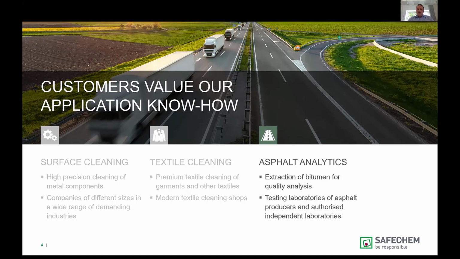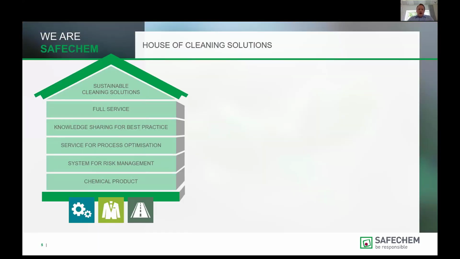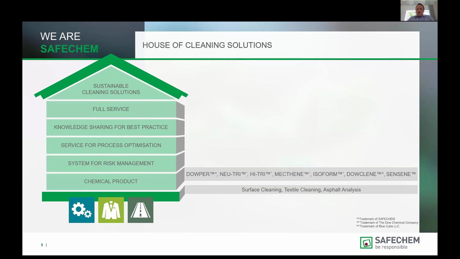The focus today is mainly on the surface cleaning segment, because I will highlight how we implemented chemical leasing in that specific segment. So how do we go to market? The applications are on the bottom, and I said chemical product service provider. So the basis of this house of cleaning solutions, as we call it, is the chemical product. You see a range of different solvents here, chlorinated and non-chlorinated, depending on what exactly the cleaning task at the customer is.